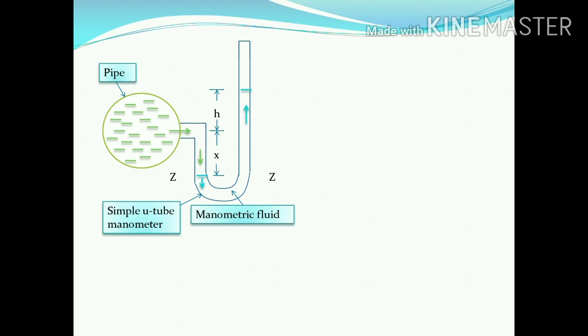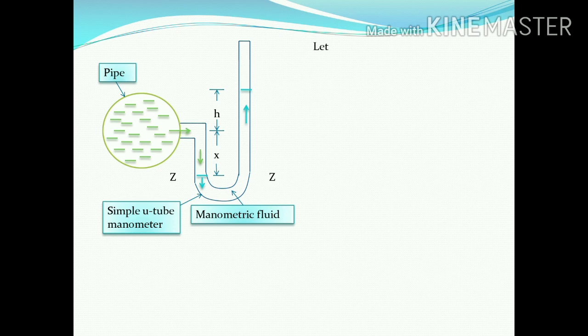In the manometer, there is a fluid that is called manometric fluid. When a fluid enters into the U-tube manometer, it pushes the manometric fluid in the left limb, and consequently the level of manometric fluid in the right limb rises.